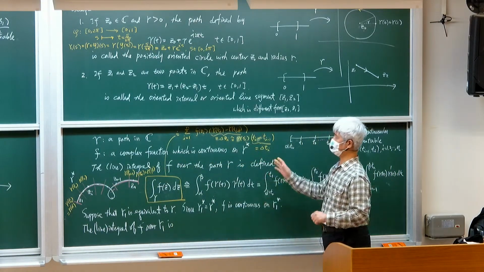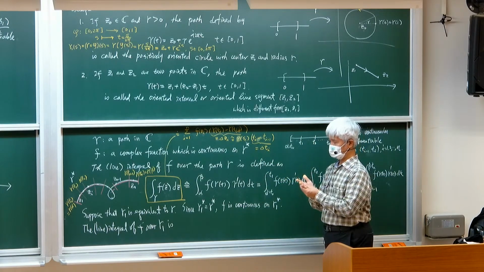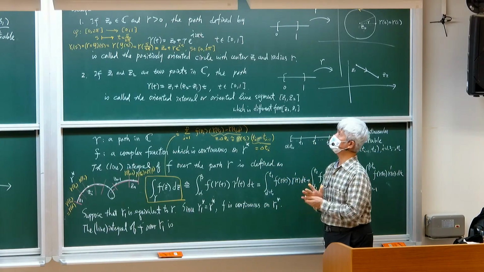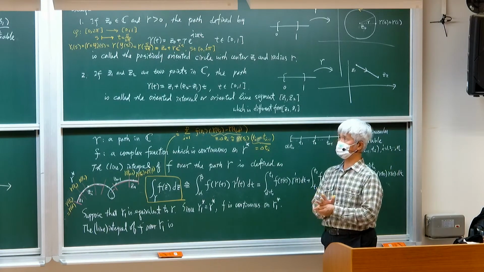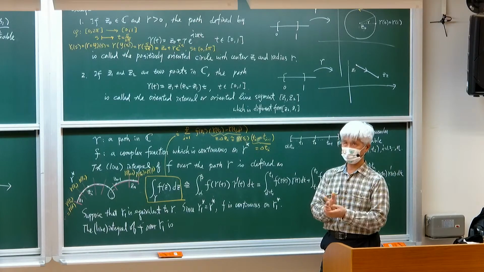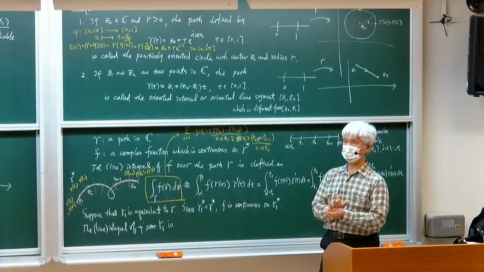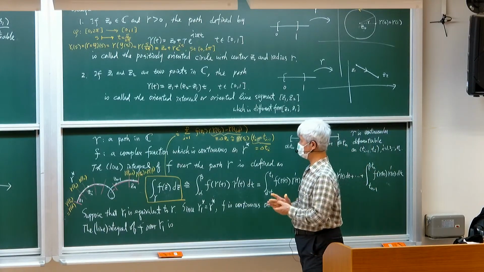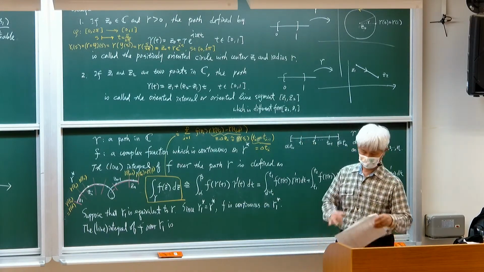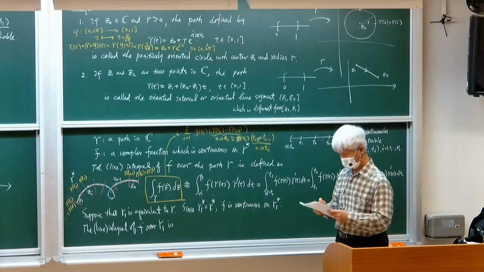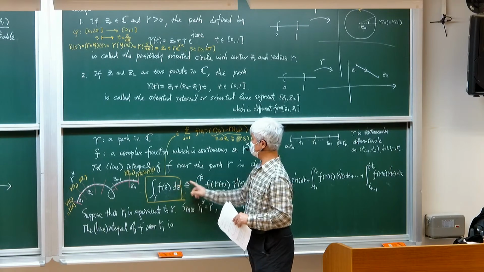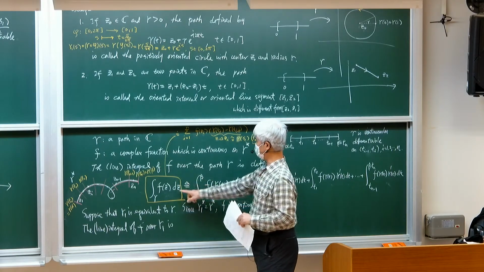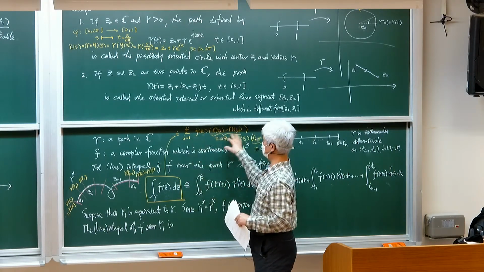So that is actually the line integral. I think you may have learned this from multivariable calculus in your first year. So the reason why we define the line integral in this way is from this approximation.